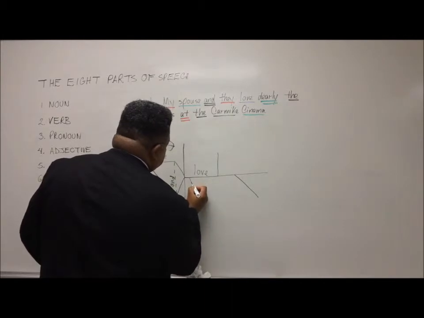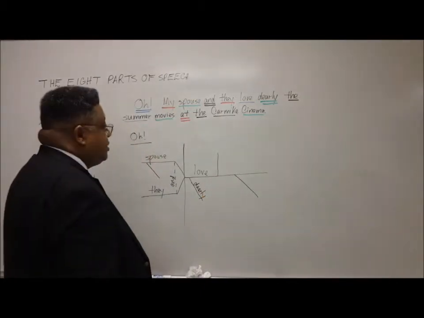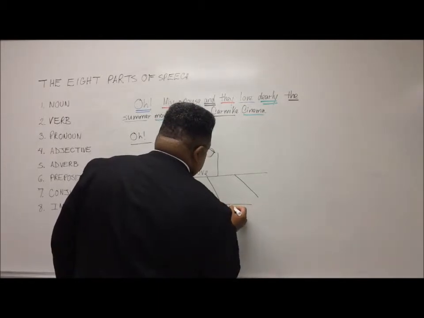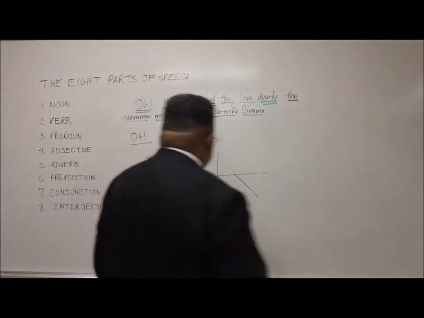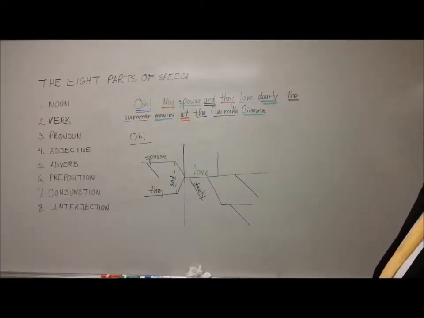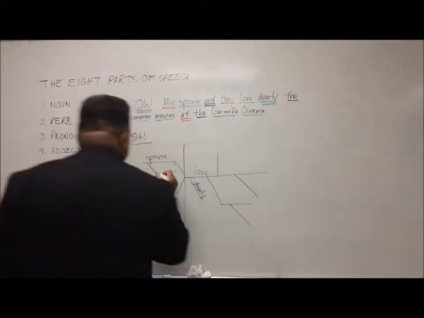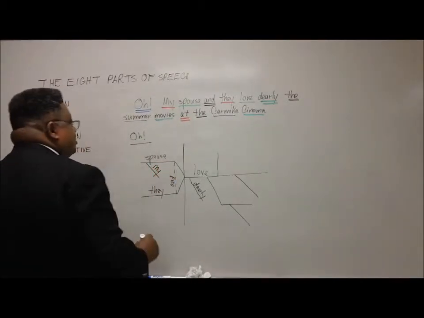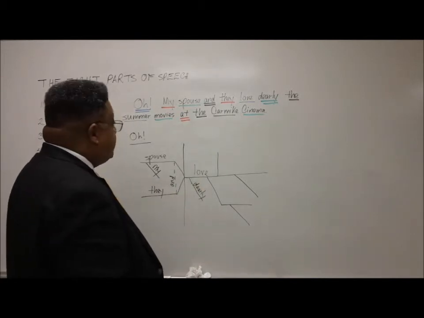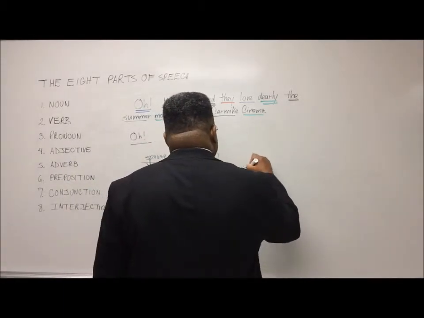And of course, the adverb, which describes the verb, goes there. Now this adjective my, which describes spouse, goes here in a line under the subject. My spouse and I love dearly. Do they love dearly? The summer movies. Movies is a direct object.